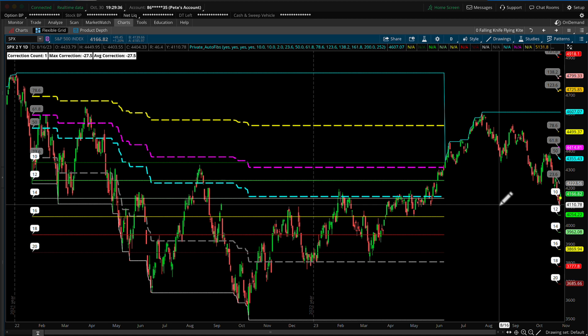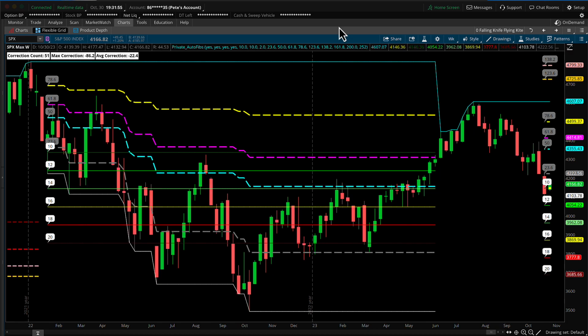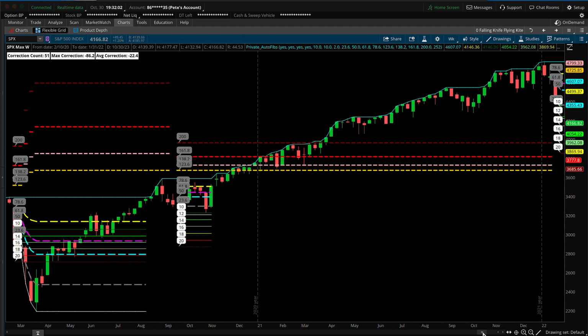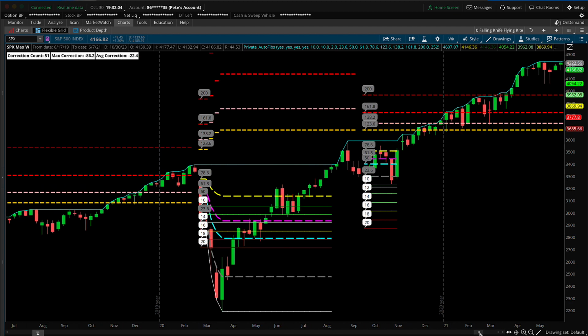So I've got a few items that I want to show you, and the first step back we're going to take is to 2008. I've got some notes on another monitor here to guide my process, and I'm going to scroll back in time. This is now a weekly chart, and you can see we've had several corrections in that time span.